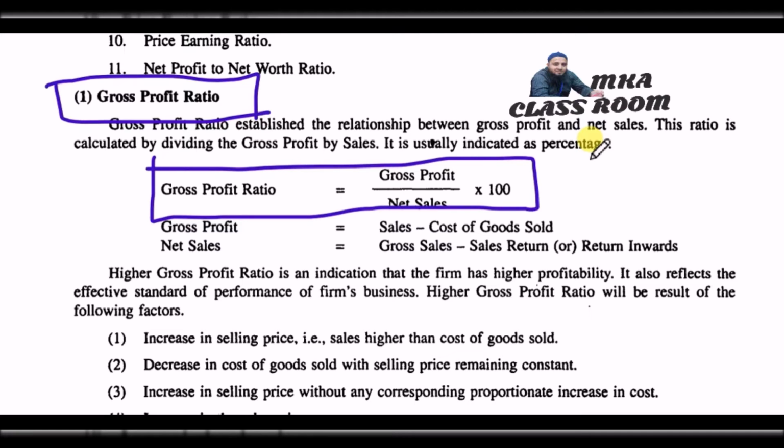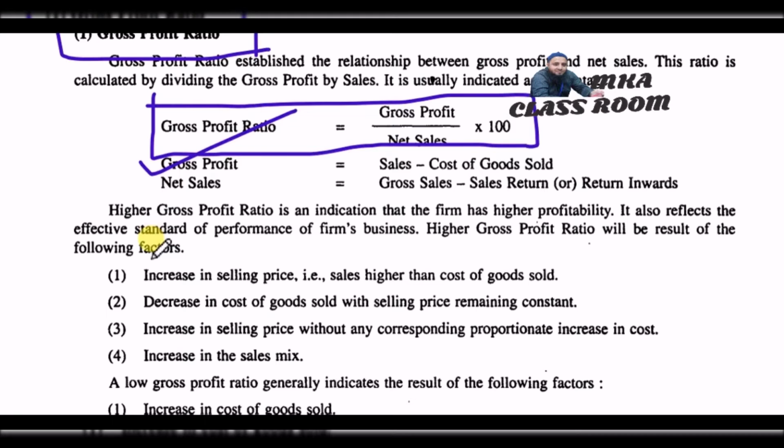Then how will we find the gross profit? Sales minus cost of goods sold is called the gross profit. So whenever we subtract cost of goods sold from the sales, we get gross profit. Gross sales minus sales return, or return inwards, gives us net sales.